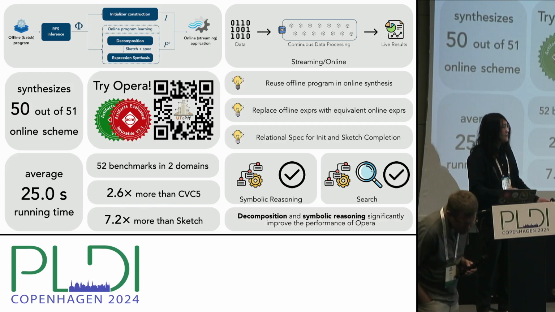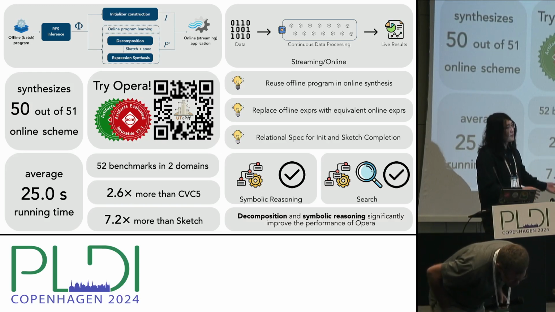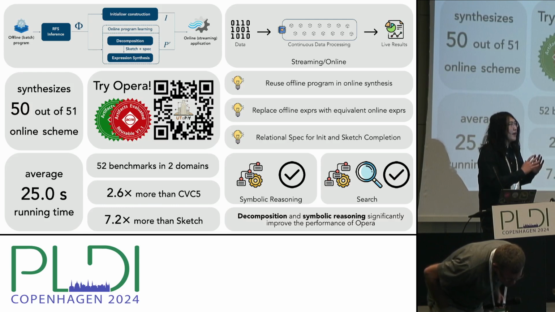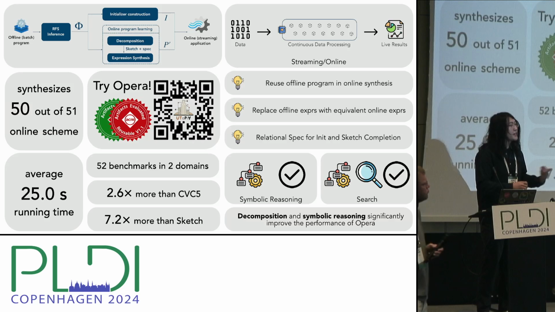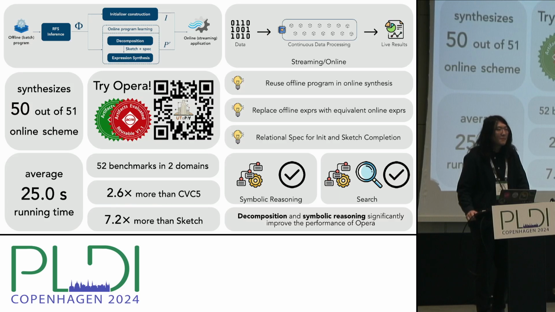But right now, since our application scenario is very restricted to the streaming application, our rule-based translation is applicable on our benchmark side. And yeah, I think you can definitely handle that. Great, thanks.